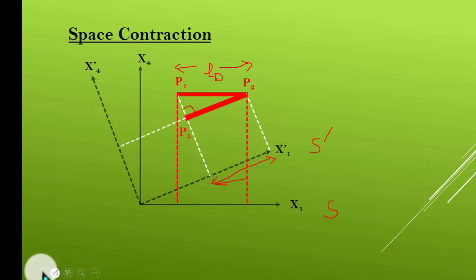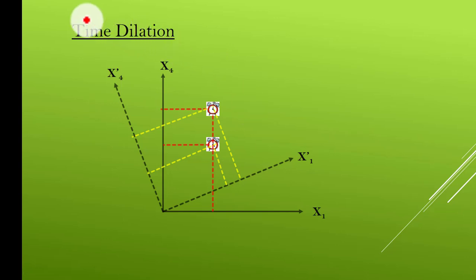Next we will discuss time dilation and how it is represented. Again, here are two frames of reference: this is our S frame of reference and this is our S prime frame of reference.